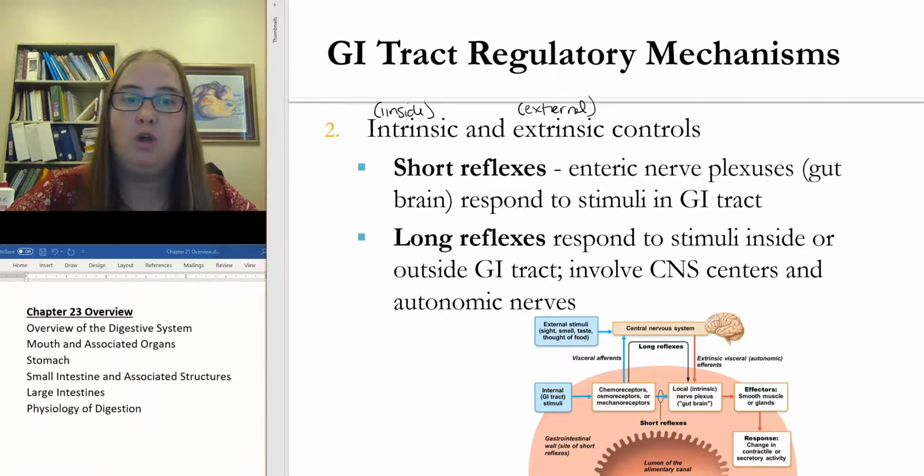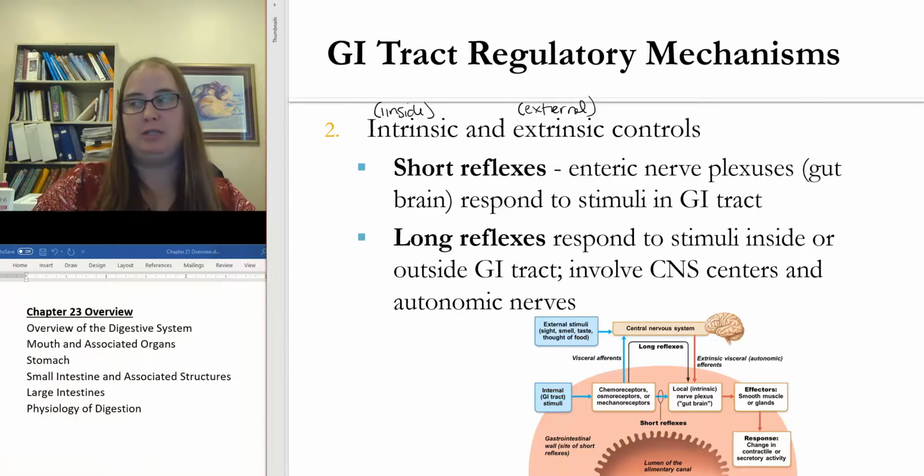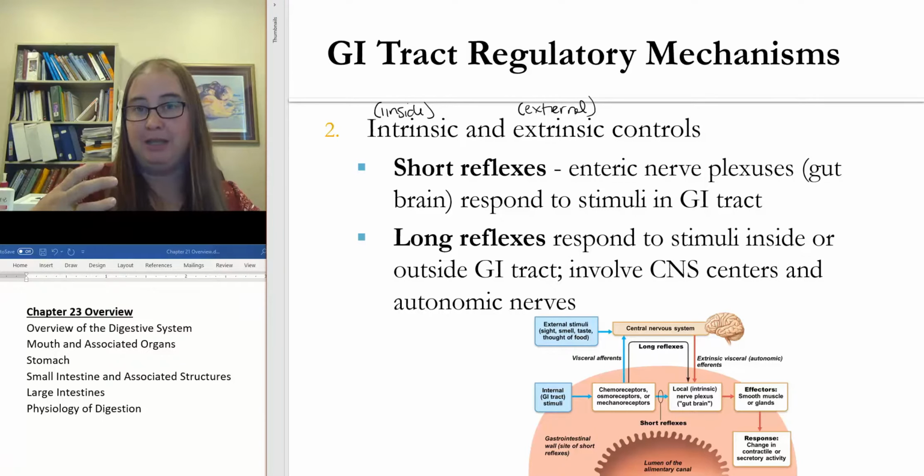There are long reflexes, which are more of our extrinsic controls, and these are going to respond to stimuli inside or outside of the gastrointestinal tract. So, for example, you see the cheeseburger sitting there. I always use cheeseburgers. You'll find that I love cheeseburgers and liquid cheese and French fries. You see whatever meal of choice you have sitting there and your mouth starts to water. That is actually a reflexive reaction for the initiation of digestion.